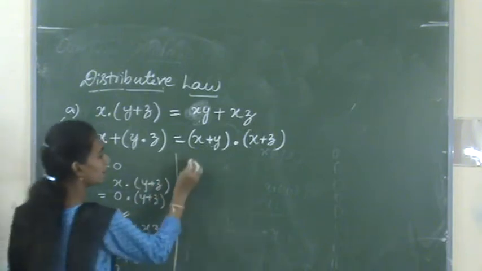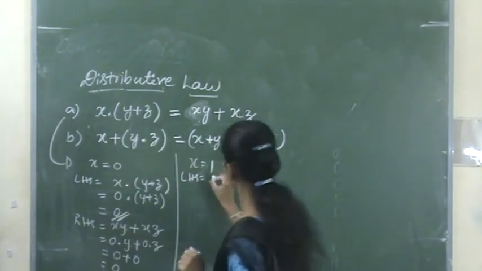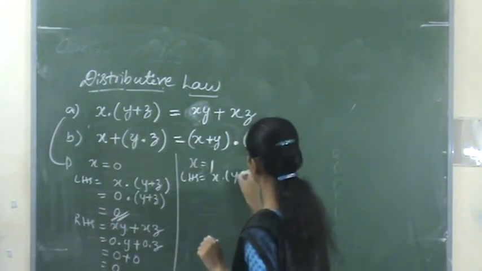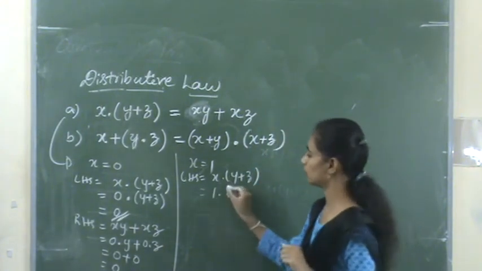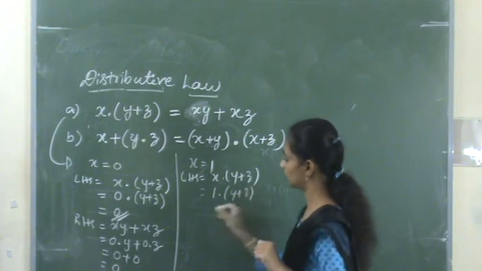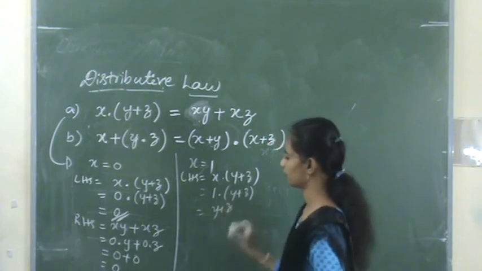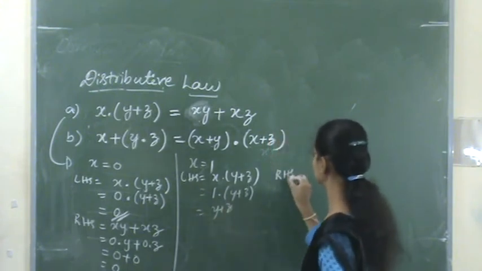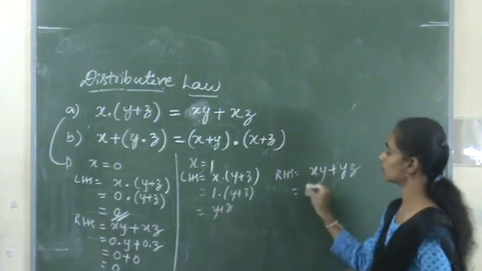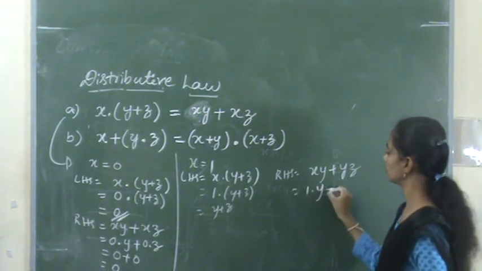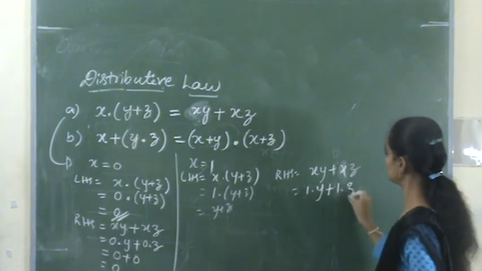Okay. So if I provide the x value as 1, x into, right, the x value is 1. So (y plus z). So 1 into anything gives anything only, right? So if I take the RHS, that is xy plus xz, it is x value 1 into y plus 1 into z.